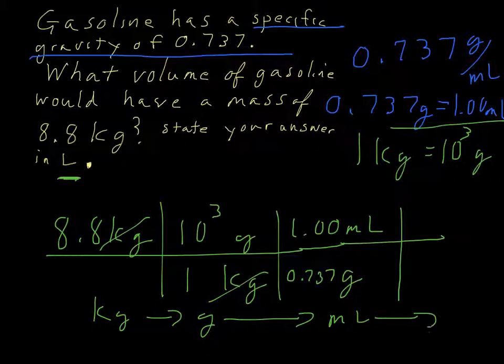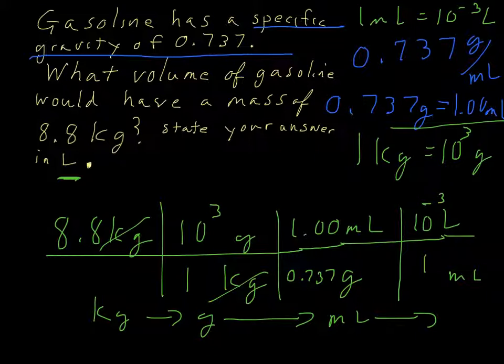So I'm going to have to get rid of my milliliters and go to liters. And I know that 1 milliliter is 10 to the negative third liters. And hey, now I have the unit that they're asking for, so I just need to multiply everything on top, divide through by everything on the bottom.